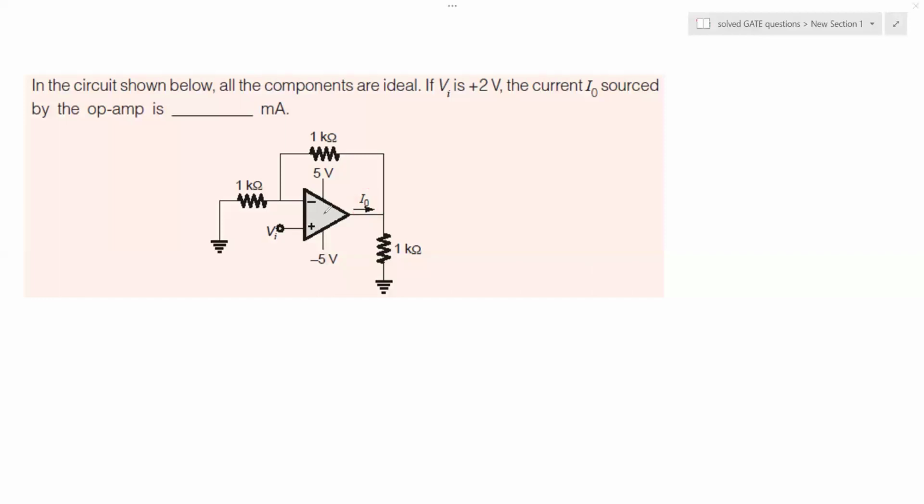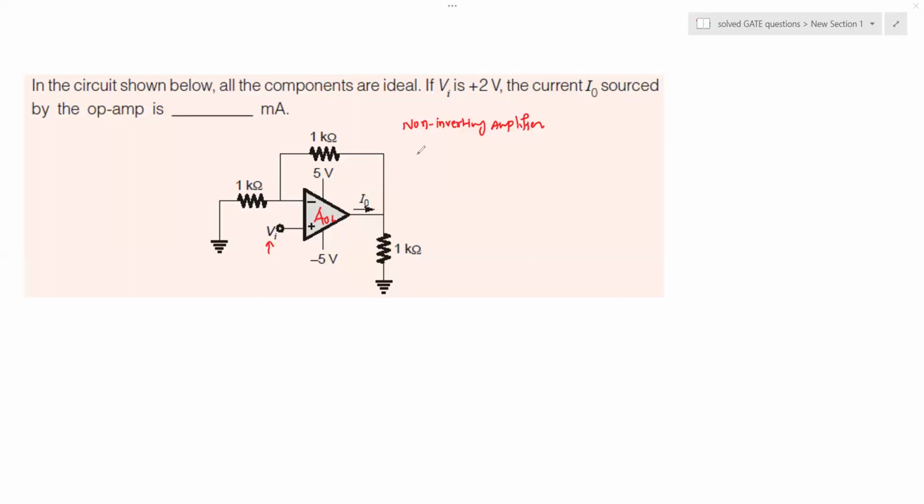So obviously, if you closely see this, this is a non-inverting amplifier actually. Why? Because your input is applied to the positive pin of the amplifier, which is a non-inverting pin, assuming the gain of the amplifier is A naught L, which is open loop gain. And you got the feedback configuration where the feedback is provided to the negative input pin from the output side.